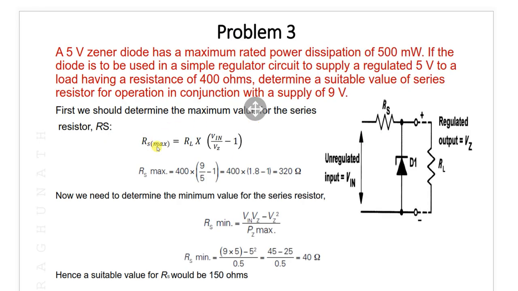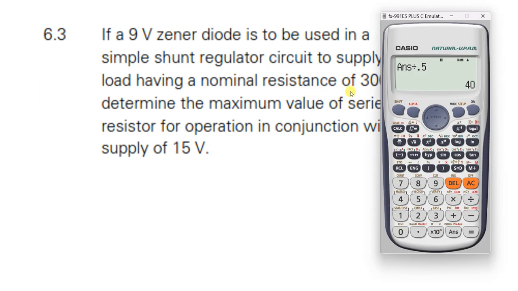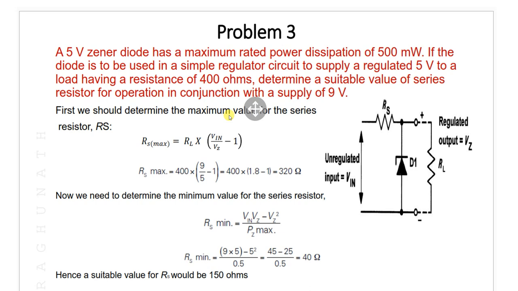So the formula for the maximum value is Vin by Vz minus 1, into RL. Vz is 9 volts because the breakdown is given as 9, RL is 300, and the supply voltage is 15. So RS max is (Vin by Vz minus 1) into RL.